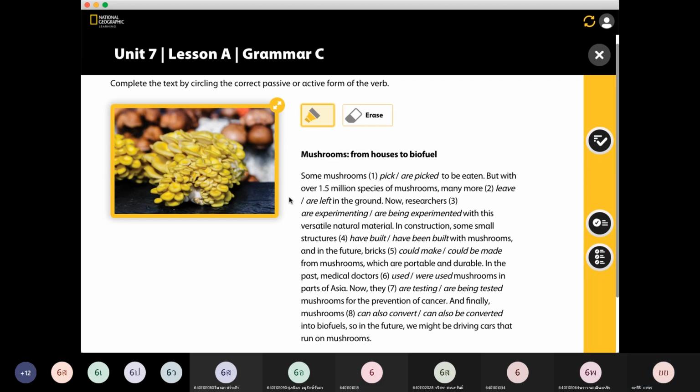Which one? There are 7 numbers, right? Number 1: are picked.